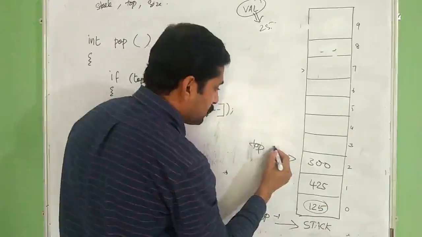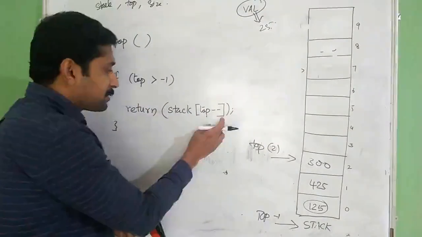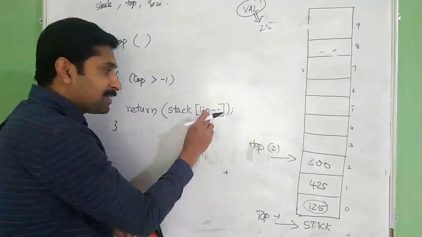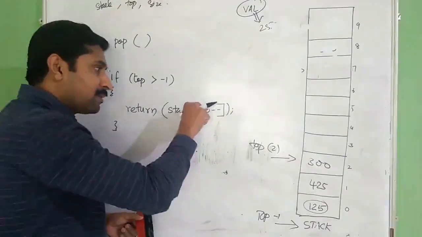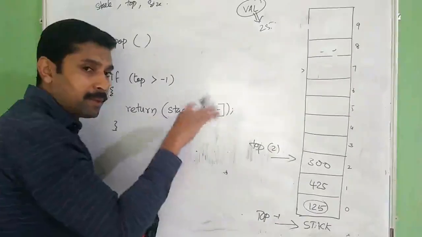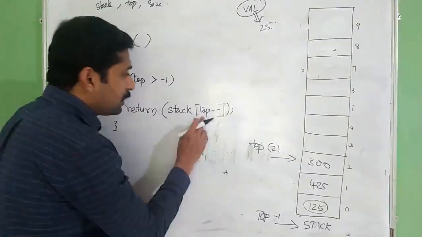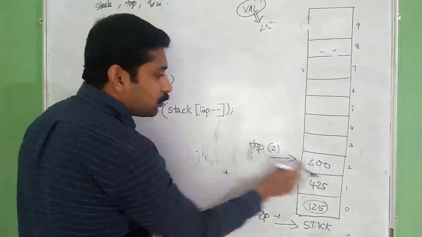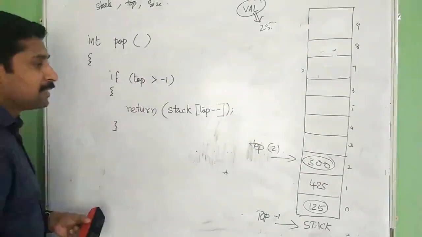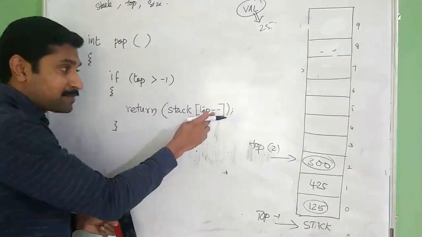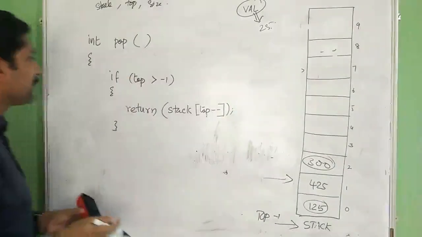Now the top is 2. Return stack of top minus minus means this is post decrement, which means after executing this, the content of top will be altered. What is top? Top is 2. So stack of top, that is 300, will be returned. So this item will be deleted, and after returning that, top becomes top minus minus. That is, top points here, top becomes 1.